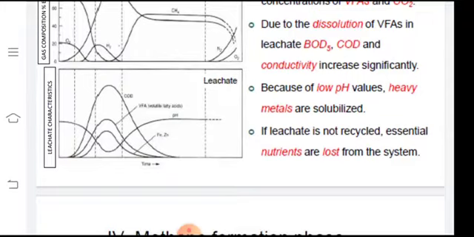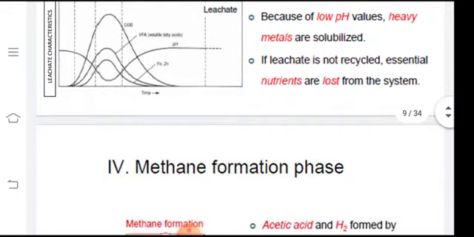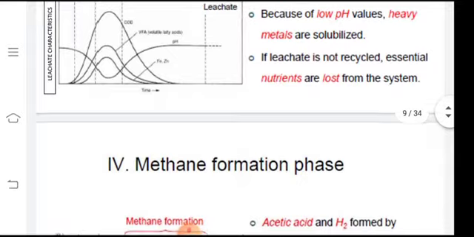So that's what we talked about earlier: because of the reduction in pH, COD and BOD will increase, conductivity will increase, and the solubility of the heavy metals will increase. The reason for leachate recycling is to keep the nutrients within the system, those nutrients which are helpful in the process of decomposition.